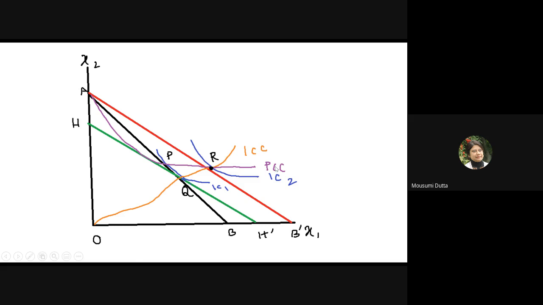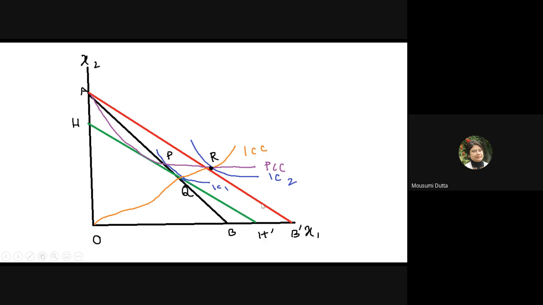On the other hand, if we compare HH prime and AB prime, the two budget lines are parallel to each other. So MRS or P1 by P2 remains constant across the two budget lines.